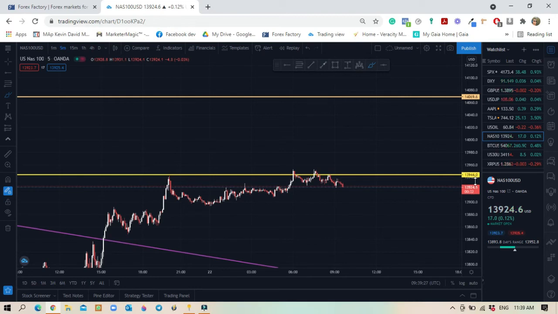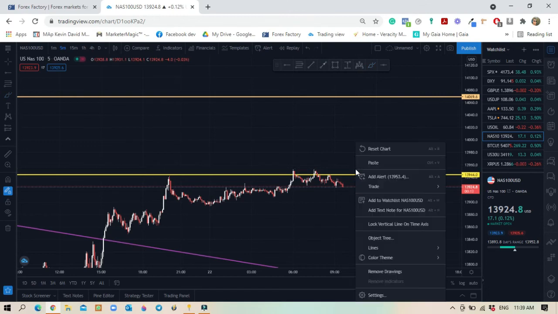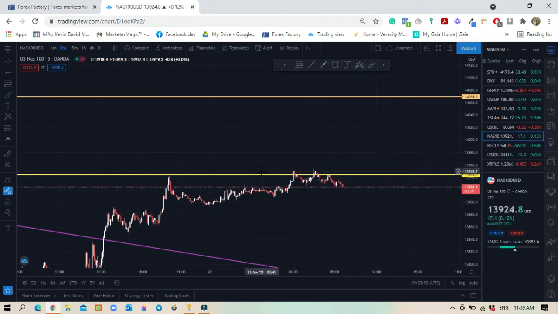Alright, this is a Thursday trade, and I want to write there 13944. Is that correct? Let me double check. 13944.